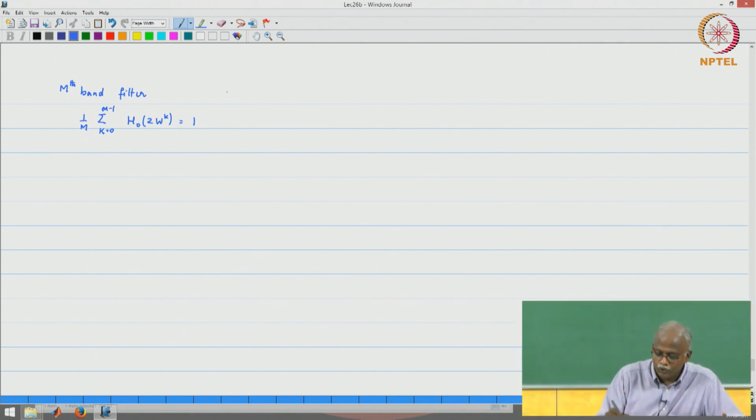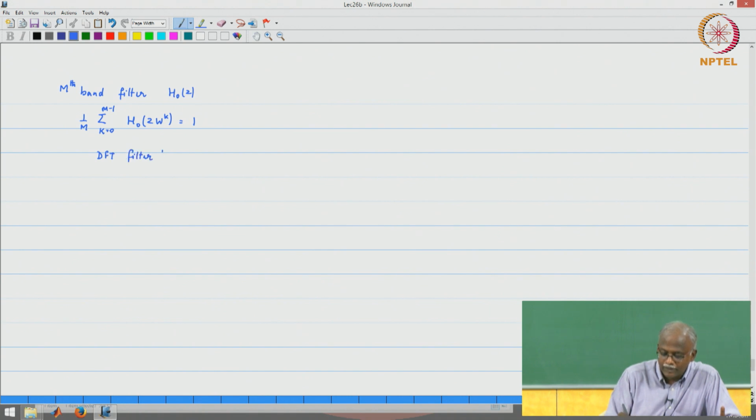Okay. So, h naught of z is the mth band filter. The property that it satisfies is that the sum of the shifted versions scaled by 1 over m is a constant.